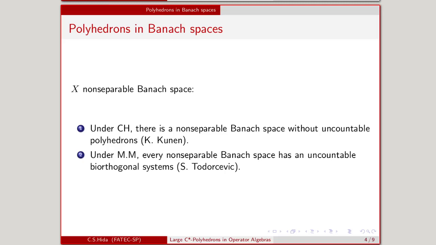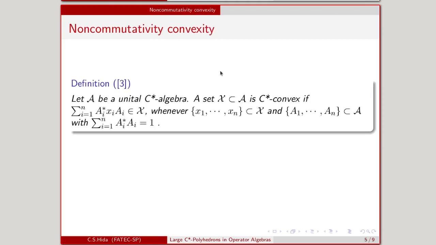What we want to do is to have this kind of results in C-star algebras. To this end, we need to look at the definition of polyhedron in Banach space and add some non-commutativity to that definition. You can do this using some kind of non-commutative version of convex sets.